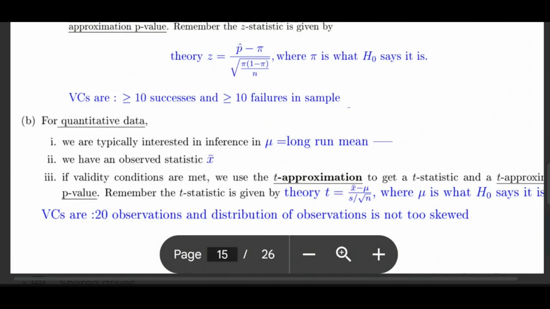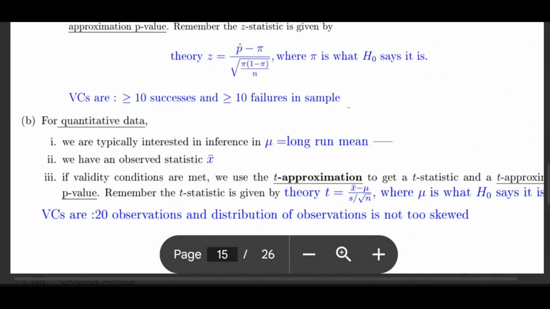Pi is also a proportion, but it belongs to the population, and we don't typically know it. Mu is also a parameter. It's a mean, but it belongs to the population, and we don't know it. That's why this is the Greek P, and this is the Greek M. So keep them straight.